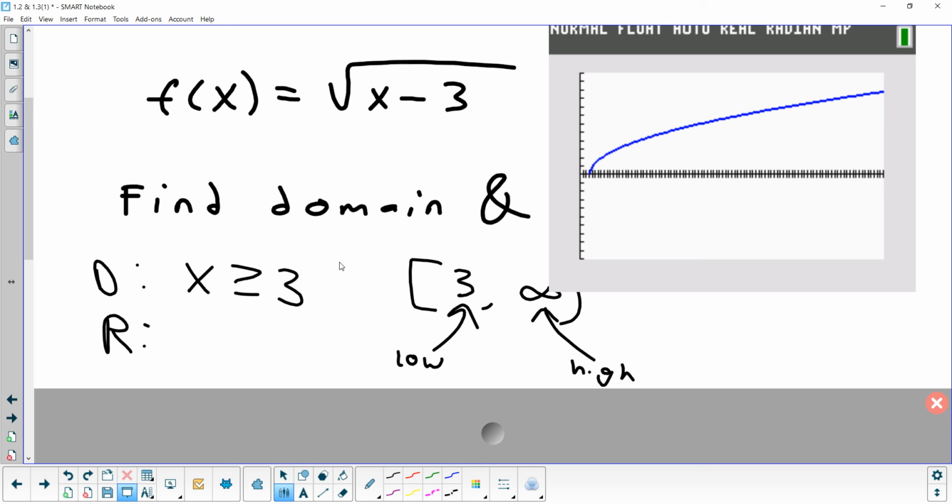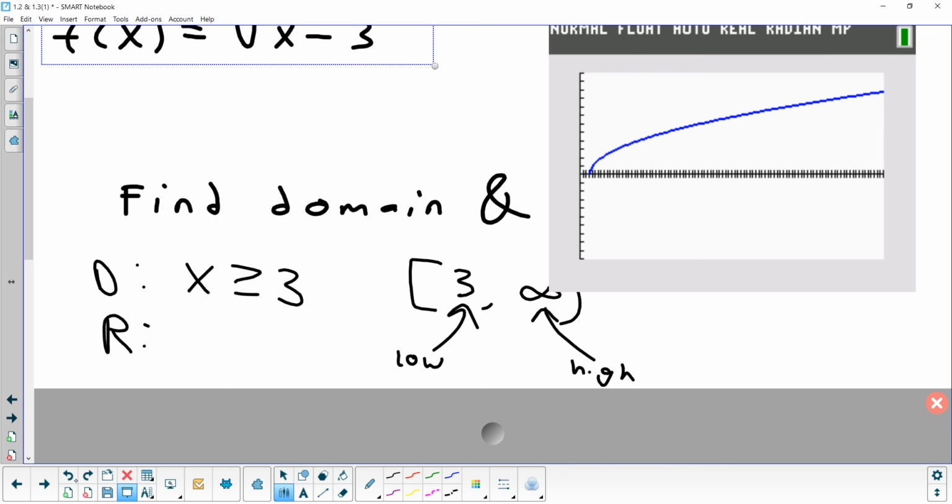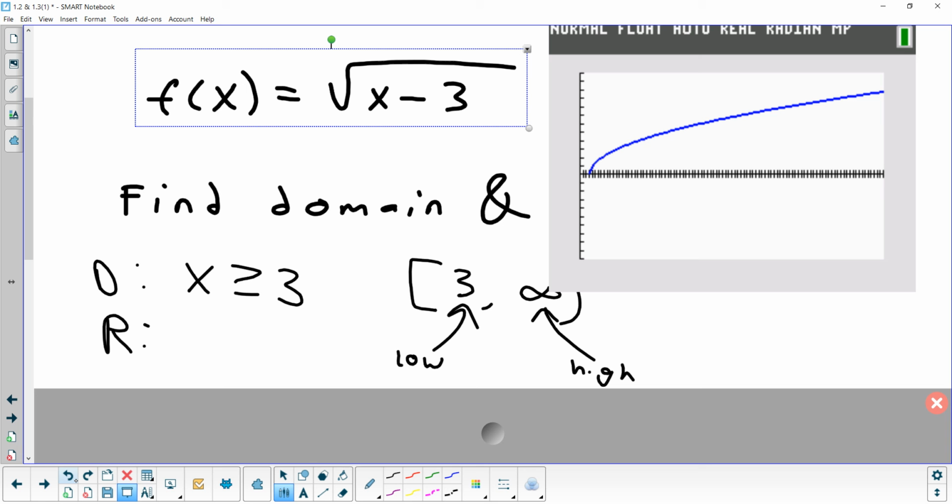How about Isaac? What's the lowest it looks like that graph goes? 0? Yeah, it does hit 0 right there. In fact, if you plug in 3, 3 minus 3 is 0, and the square root of 0 is 0. So yes, 0 is the lowest.